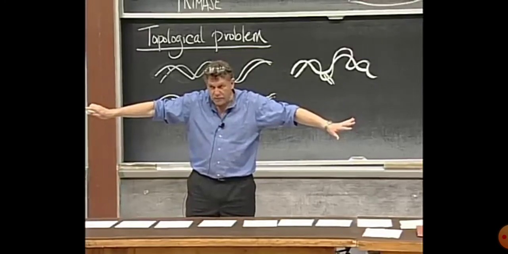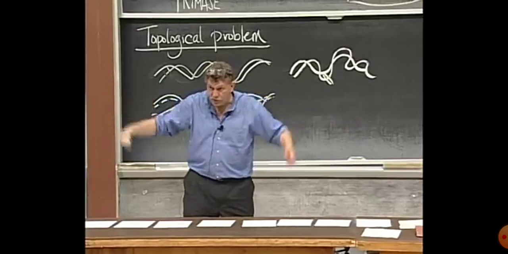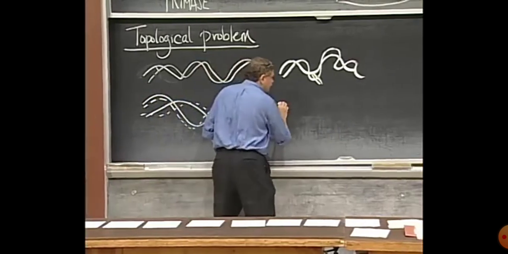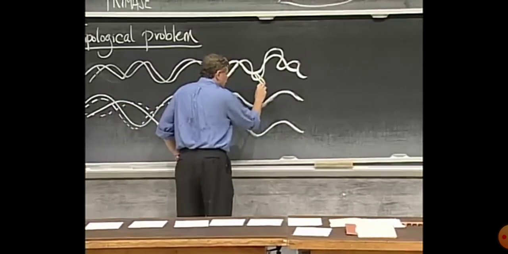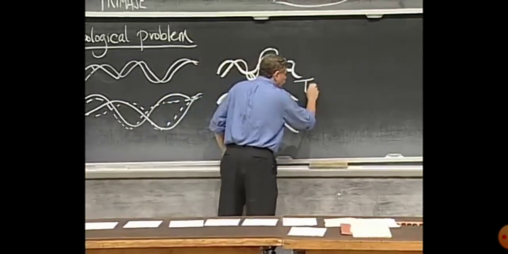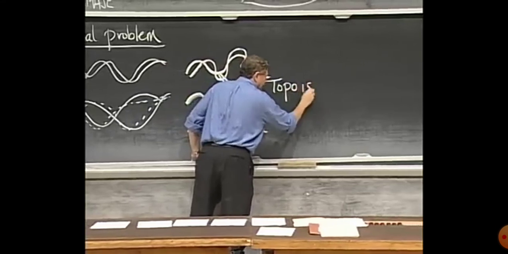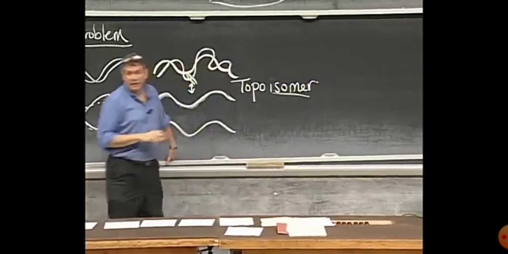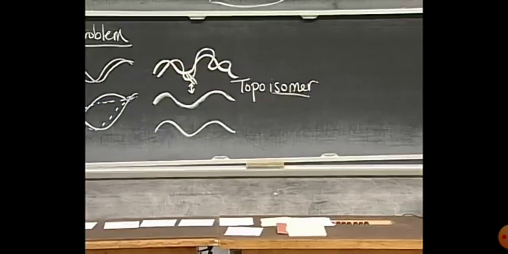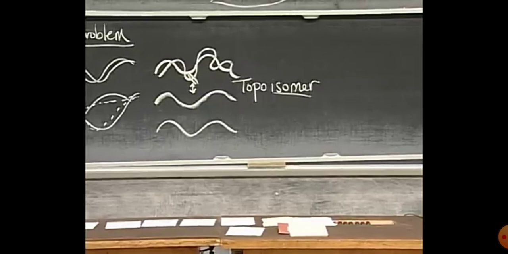So they're still the same chemical bonds, the same molecules, but when I separate these two double helices, the difference between these is that they are what are called topoisomers. They are isomers because they're exactly the same chemical formula, but they're topoisomers because they have a different topology. They're not wrapped around each other anymore.